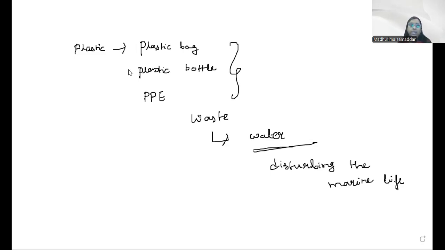Okay, so how are these plastics getting degraded? There are many ways by which plastics get degraded into micro and then nanoplastic. One is biological degradation. So what happens in biological degradation?